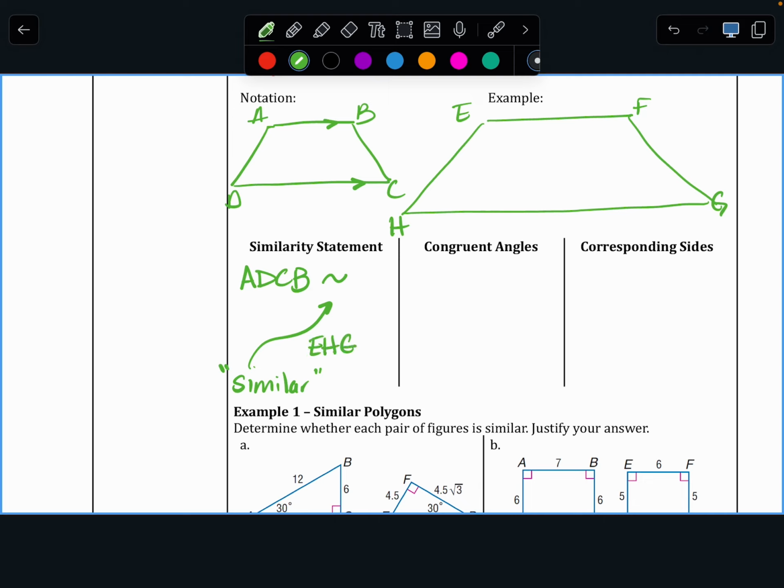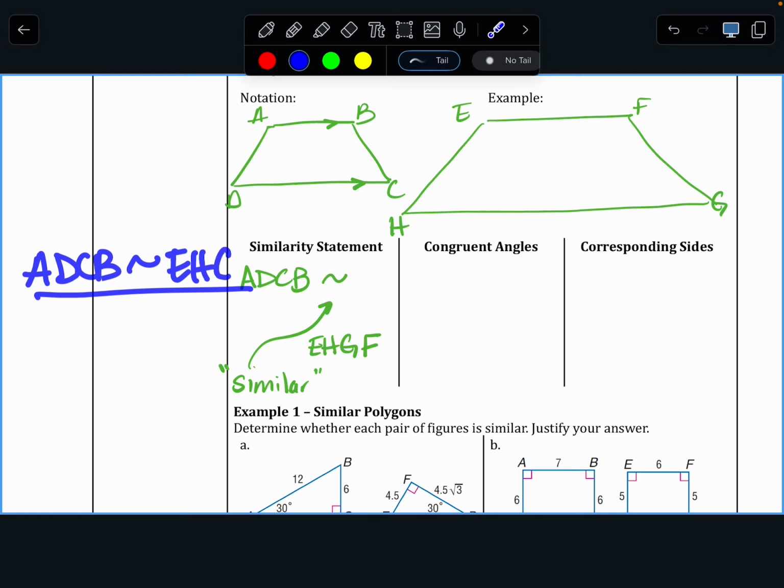E, H, G, F. Now, I don't usually write a little nothing in front of that because it's got 4 sides. We will put triangles, so triangle ABC. I don't know why we don't for anything else, except that it gets too hard to write all the different shapes, I guess. But ideally, this should have been in one line. A, D, C, B is similar to E, H, G, F. And it just means that those are the things.